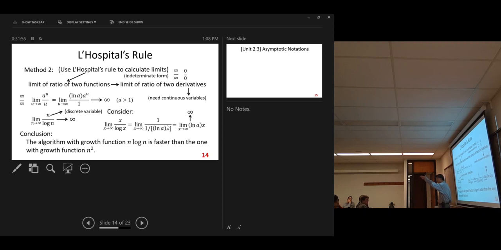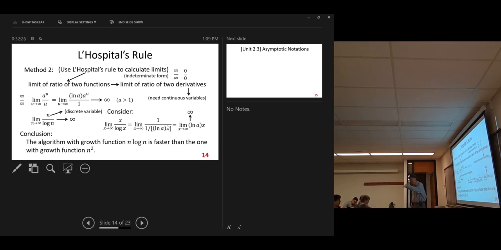Growth function n squared, if you take a very large input size n, eventually it will be an overwhelmingly bigger number than the lower one. That's enough, right? When n is large enough, and we do not need to say how large it is.